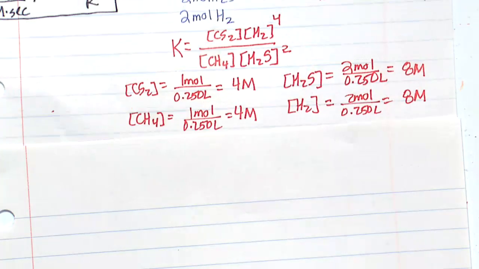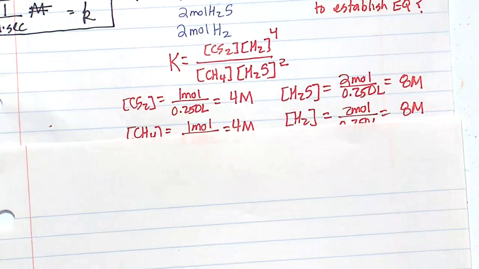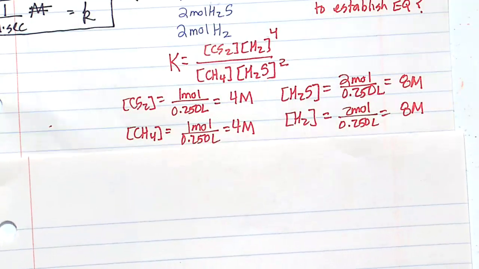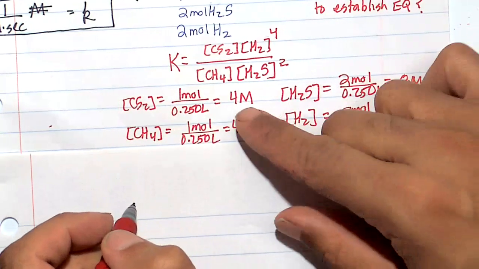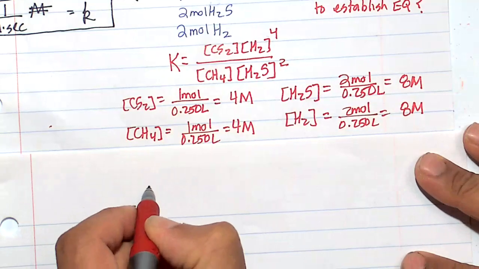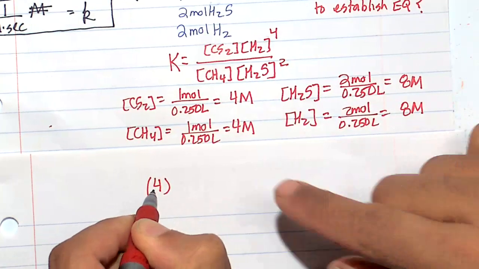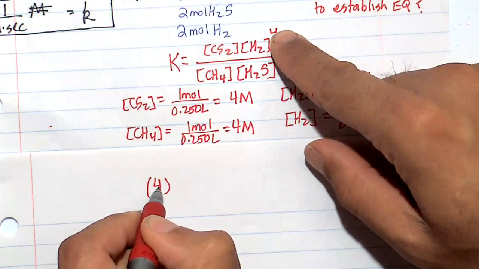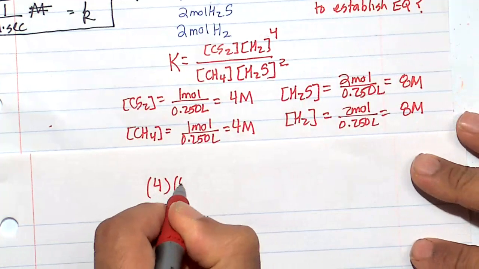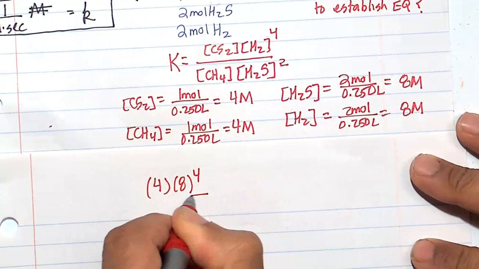So plugging this into our equilibrium expression. CS2 is 4. H2 is 8, so 8 to the power of 4.